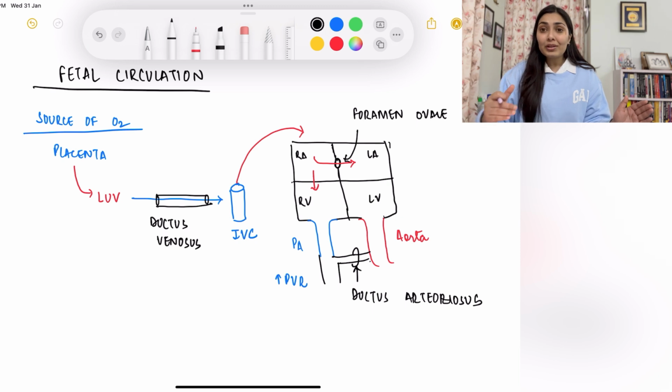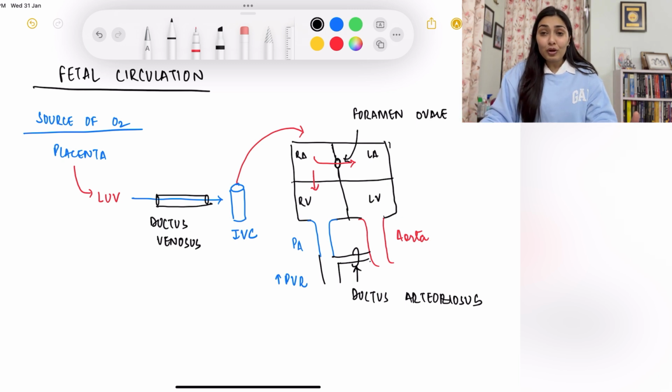The right ventricle drains blood into the pulmonary artery, but because of the high pulmonary vascular resistance, this blood is diverted to the aorta through a duct. Again, a duct connecting two arteries, the ductus arteriosus.